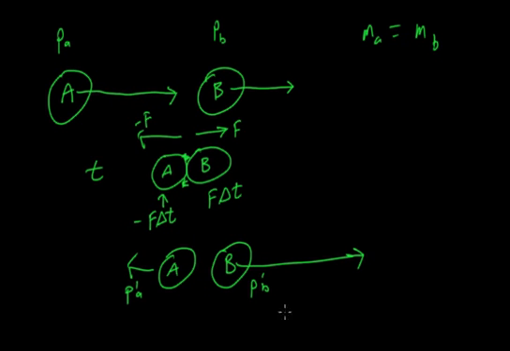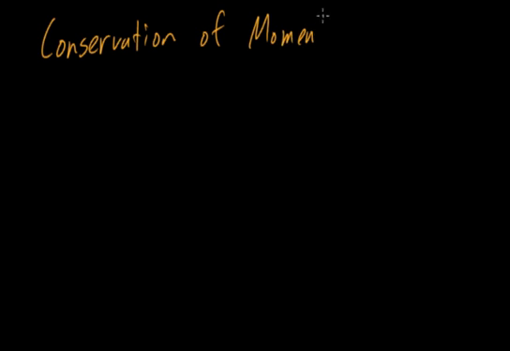But in our toy example, the overall momentum does not change. And that idea is called conservation of momentum. The law of conservation of momentum states, the momentum of any closed isolated system does not change.